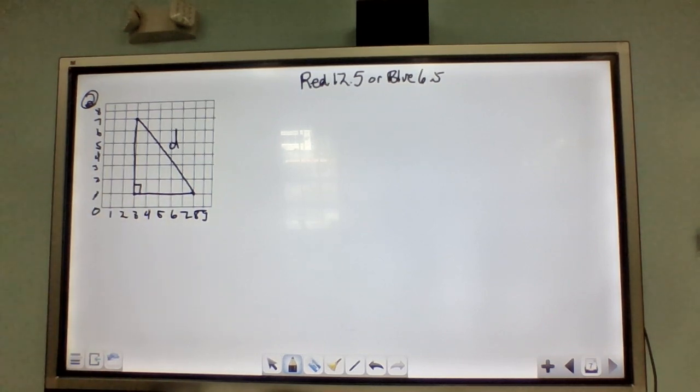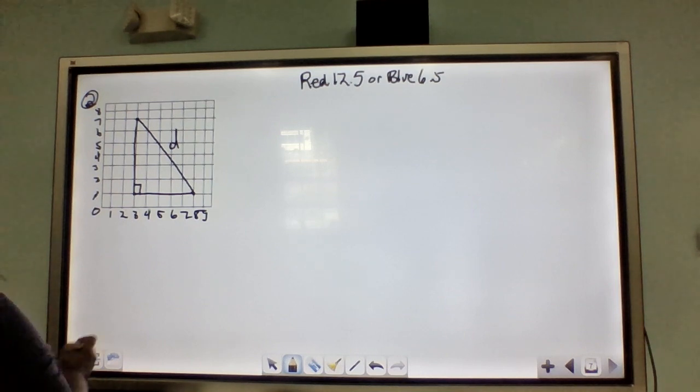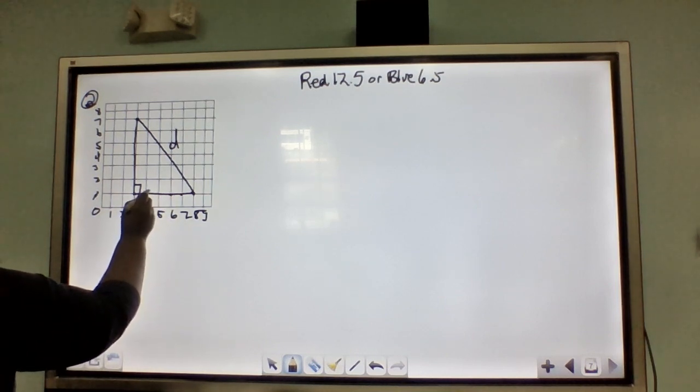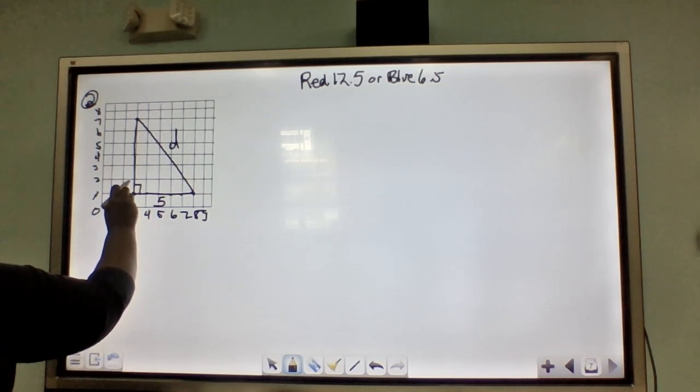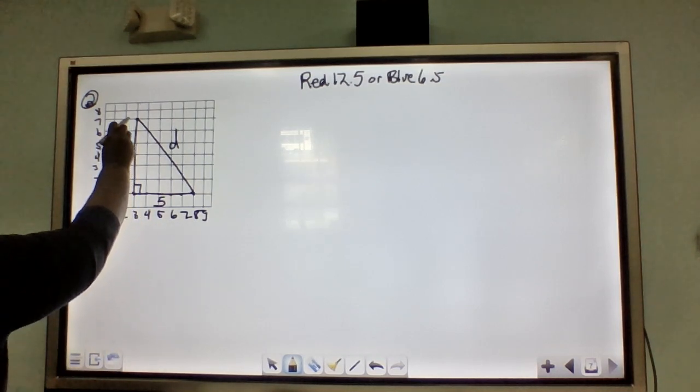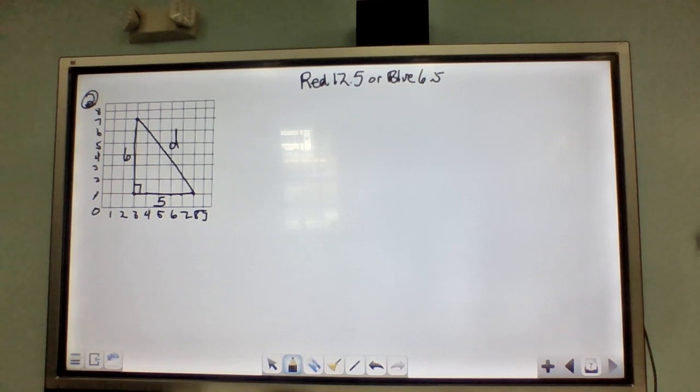If that be the case, then you would count the number of units, 1, 2, 3, 4, 5. So 5 units this way, 1, 2, 3, 4, 5, 6 units this way. And so therefore you have the numbers necessary to complete your calculations for this particular triangle.